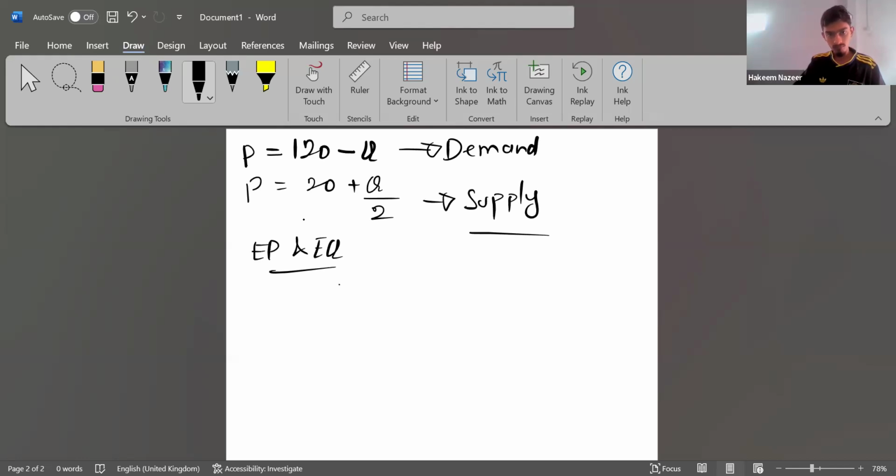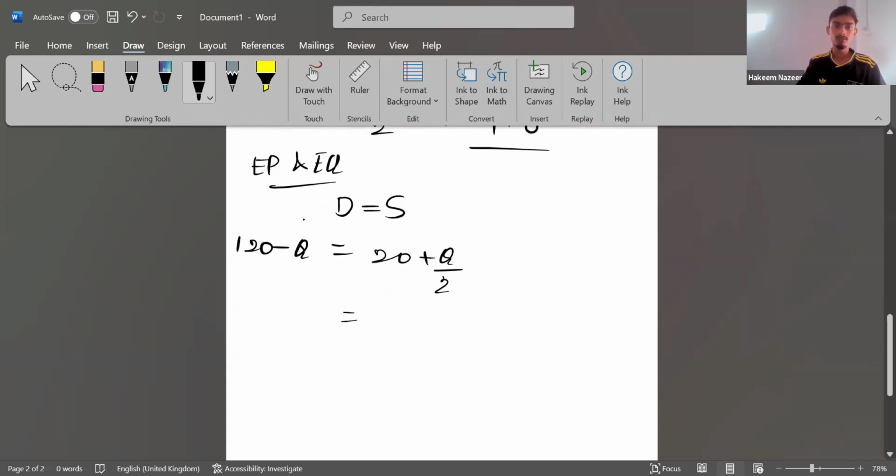To identify the equilibrium price and equilibrium quantity, demand equals supply, right? Demand is 120 minus Q and supply is 20 plus Q by 2. Then this 20 will come over and we have 100 minus Q equals Q by 2.